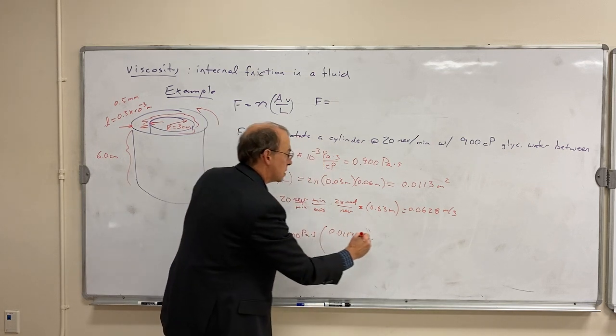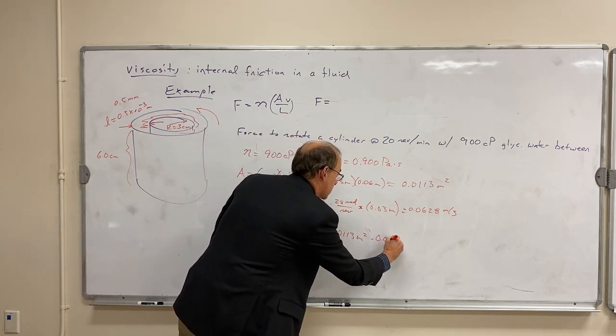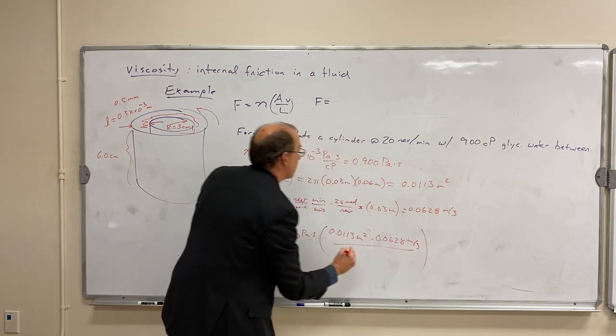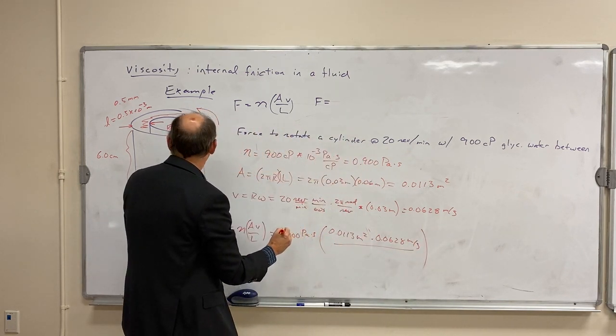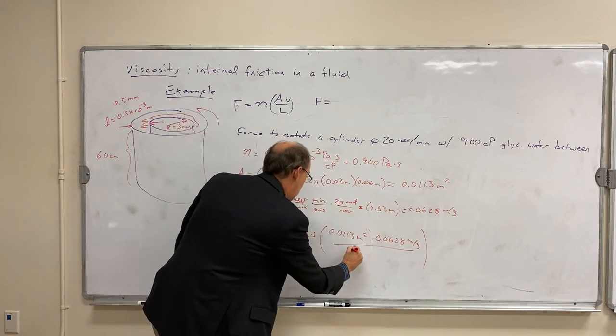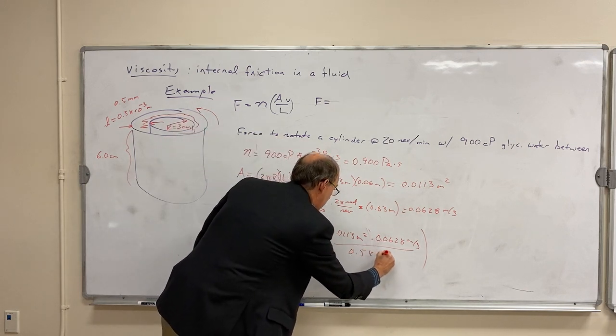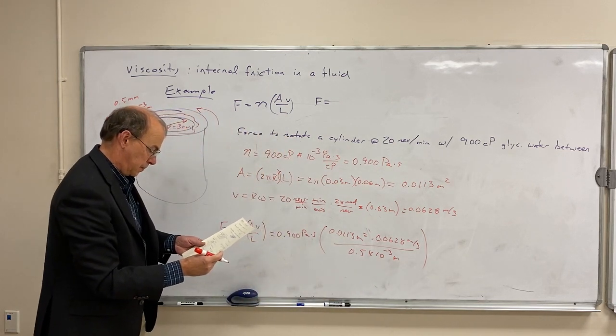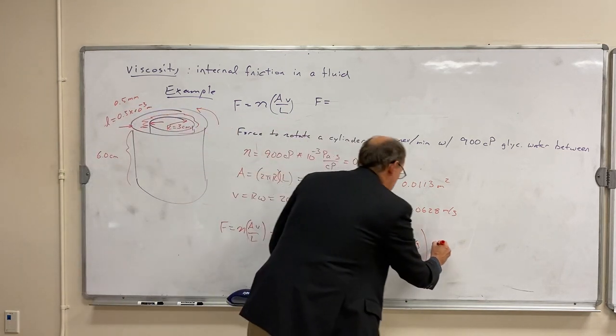V is 0.0628 meters per second. L is the gap, 0.5 times 10 to the minus 3 meters. That's 1.28 newtons.